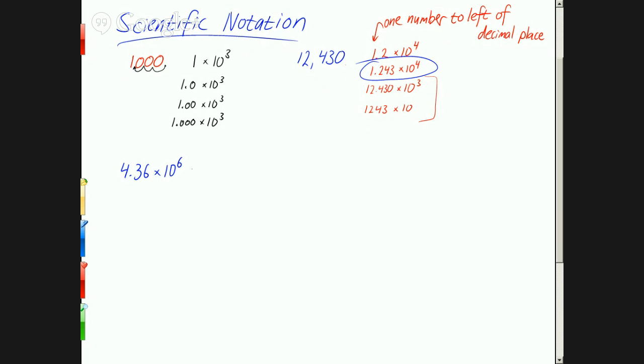.36 times 10 to the 6th. Write that out in standard notation. What would that look like, and how do you do that? So here we're doing the reverse.